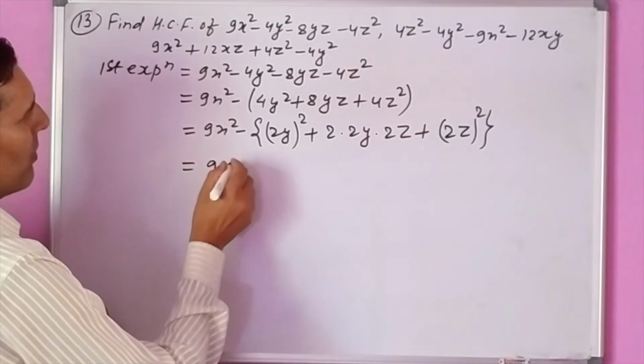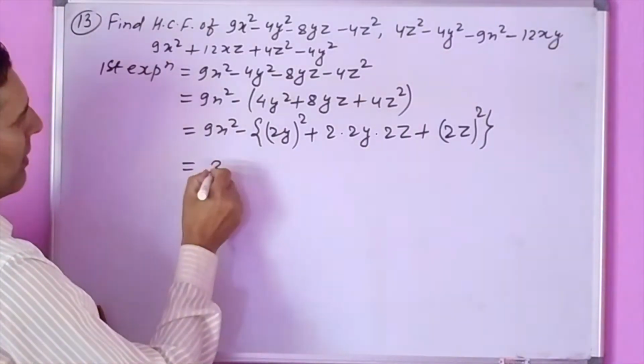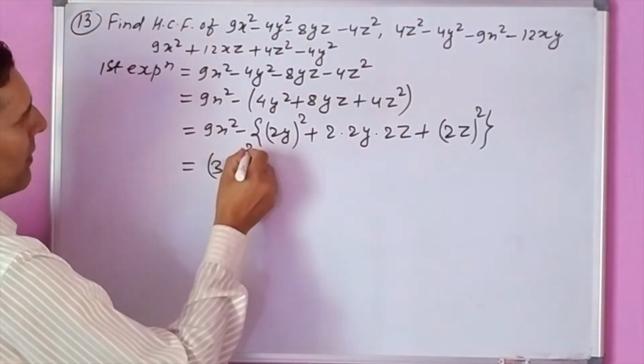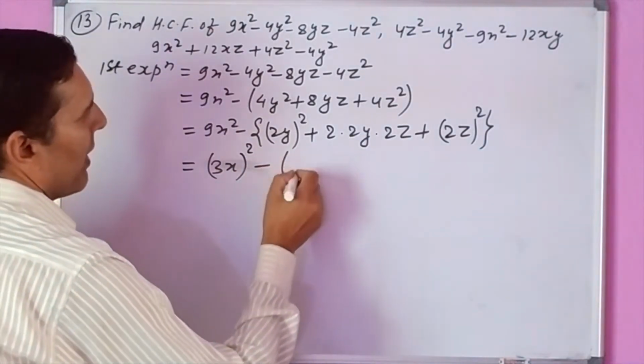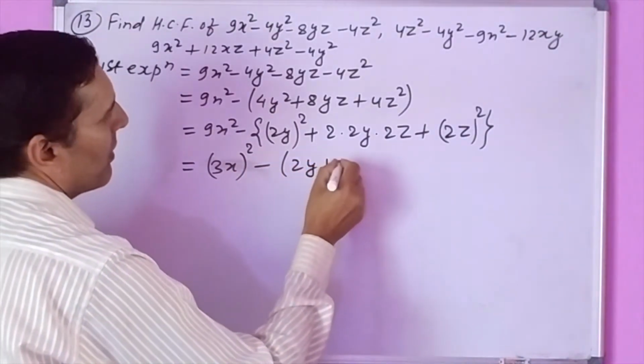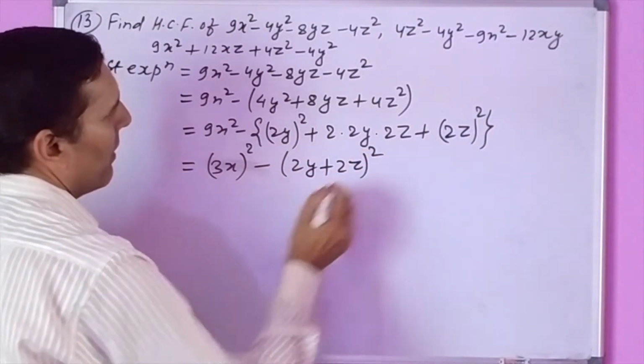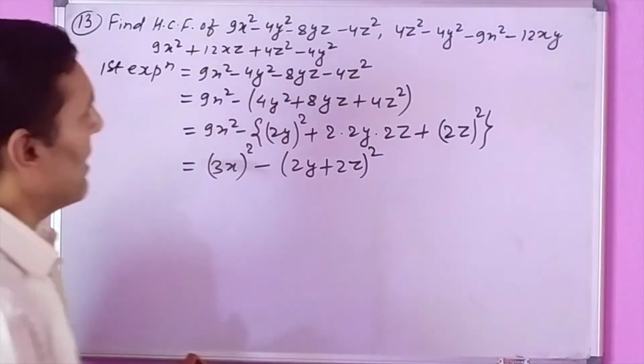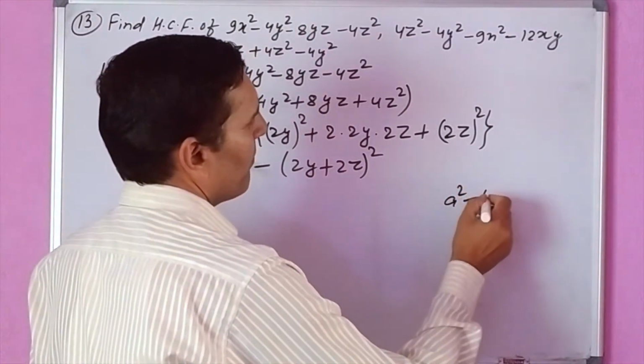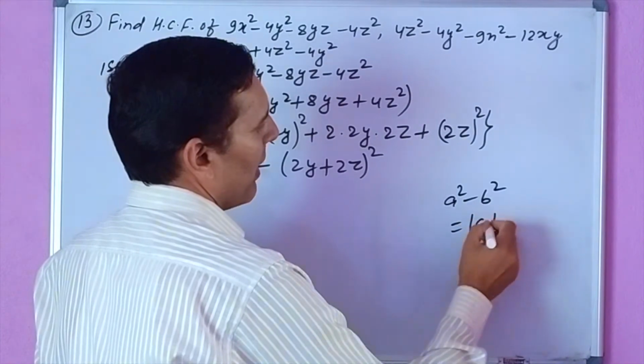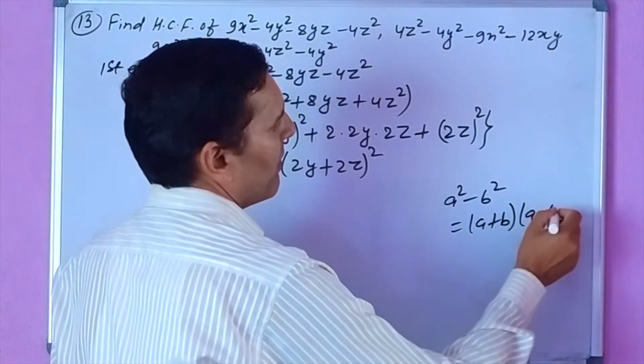So 9x square, we can write as square of 3x, and inside the bracket it is square of 2y plus 2z. Now it is in the form of a square minus b square. Finally, we can use the formula a plus b times a minus b.